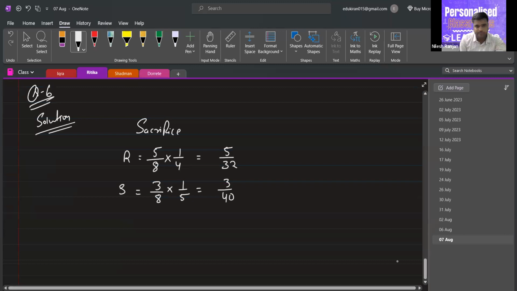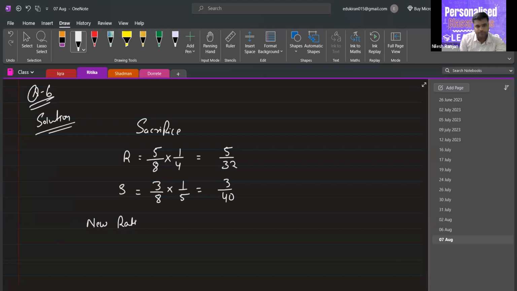Okay. Now the new ratio. After multiplication, we have to deduct. So for R, it is 5/8 minus 5/32. For S, it is 3/8 minus 3/40.